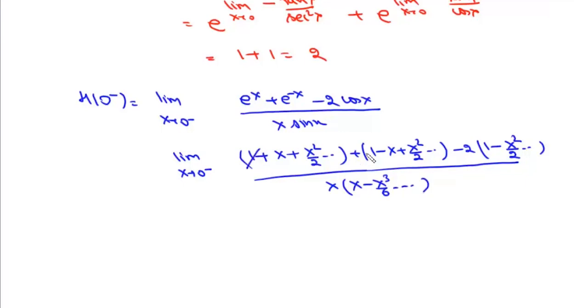Now here the 2 will cancel. So the minimum power of x in the numerator is x square and in the denominator is also x square. So the answer to this limit is the coefficient of x square. Now this is x square by 2 plus x square by 2 plus x square, so 1 plus 1 it is 2. So the answer to this limit is 2.